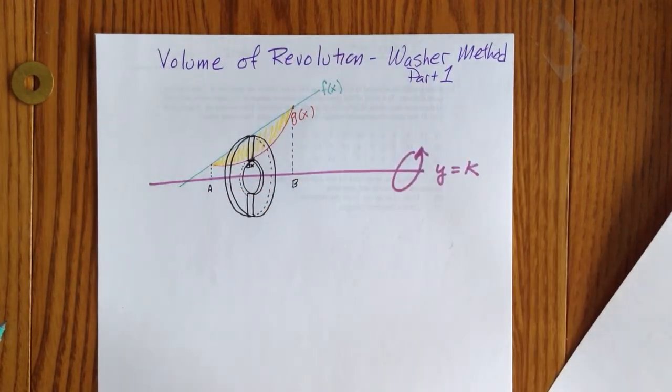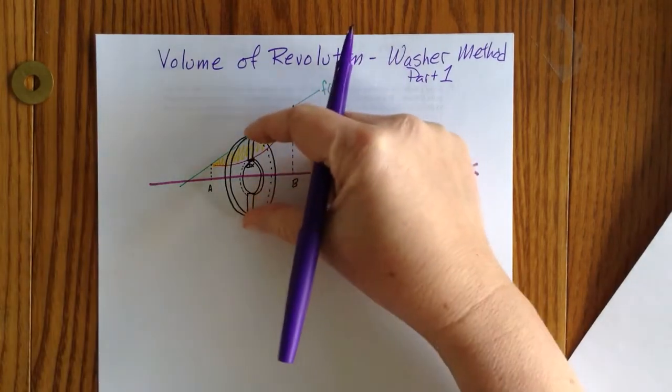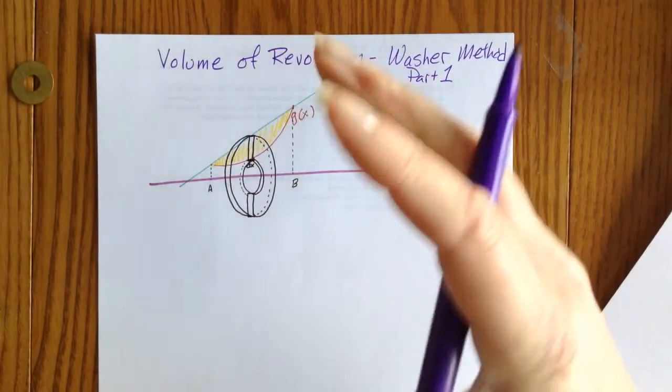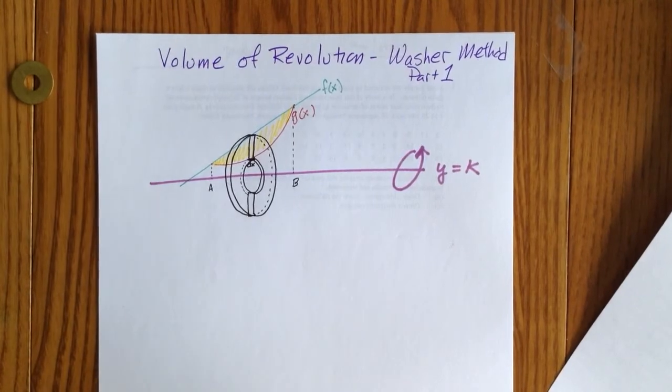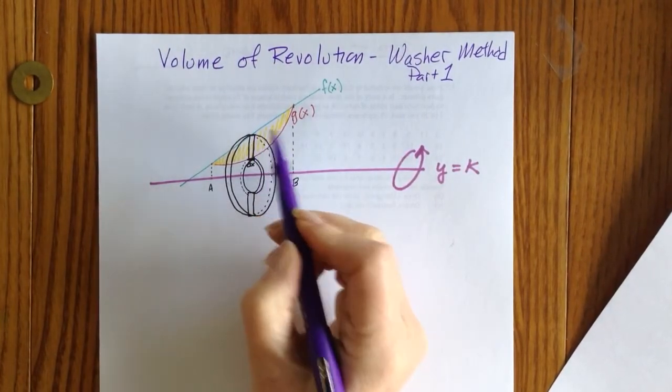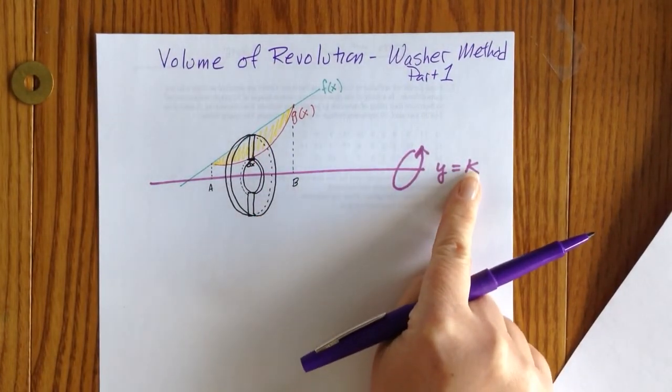Now, I'm going to try to help you out though. Here's the gig. We need to do the outer disc first, the outer farthest disc. So we need to find our outer radius. In order to find your outer radius, here's what I want you to do. Do it. Don't even argue with me.